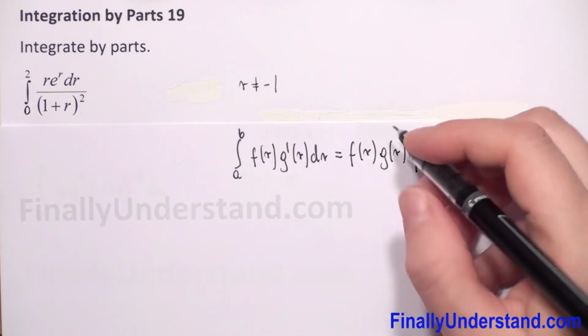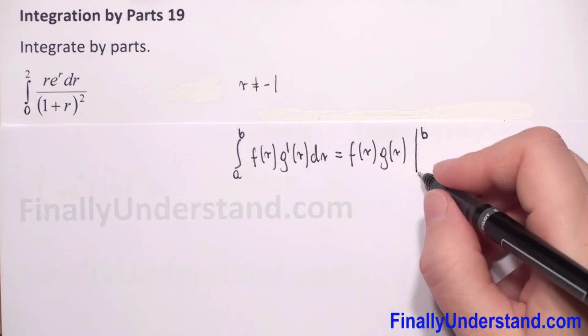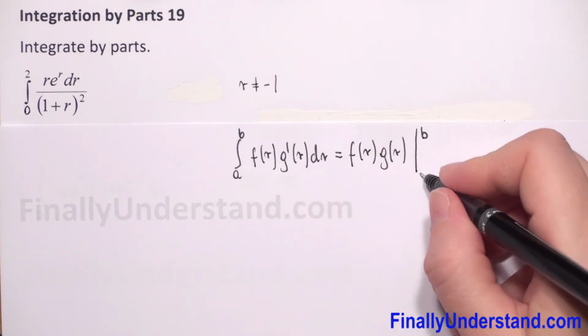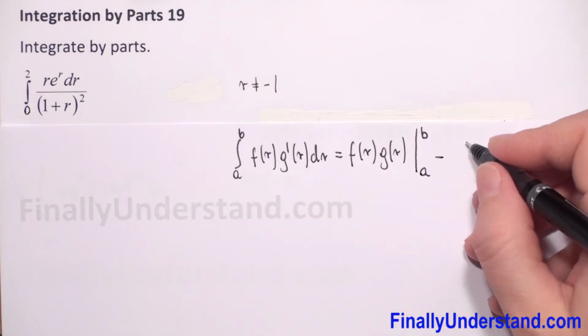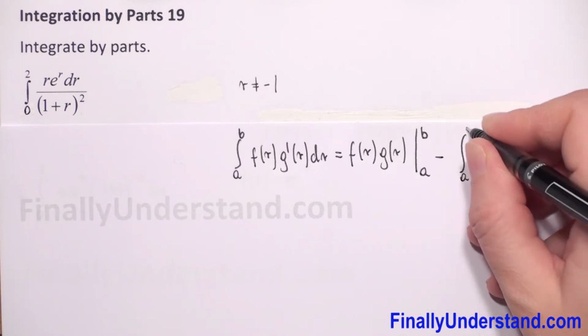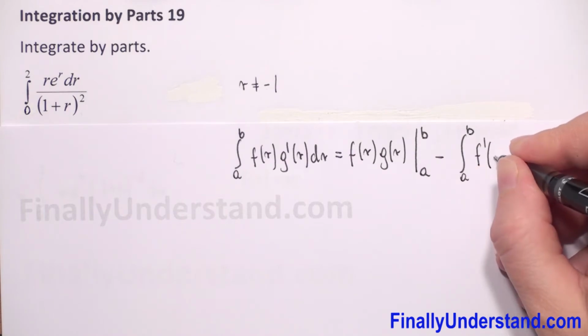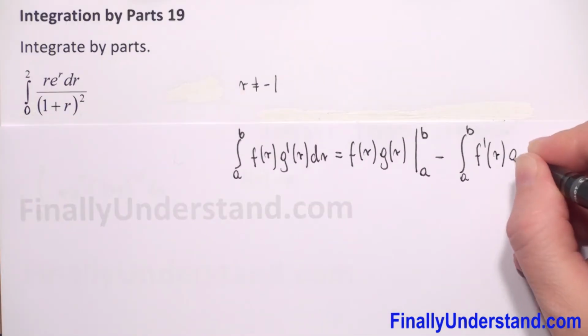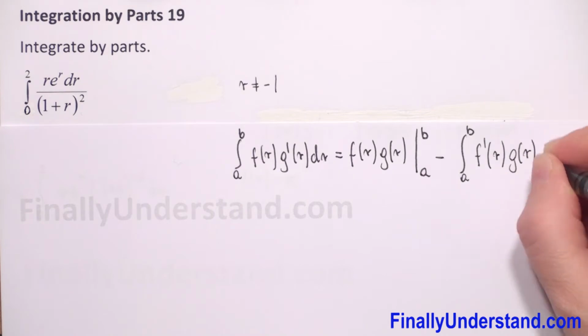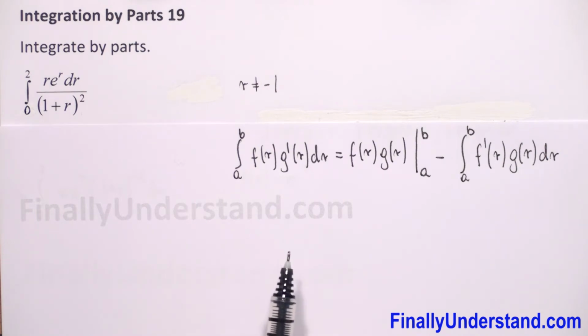On the top we have upper limit b, and on the bottom we have lower limit a, minus the definite integral from a to b of f prime of r times g of r with respect to r. Functions f and g prime must be continuous.